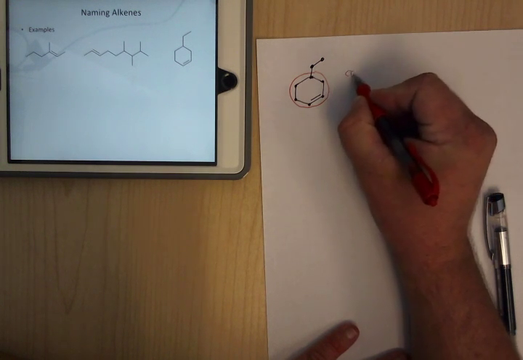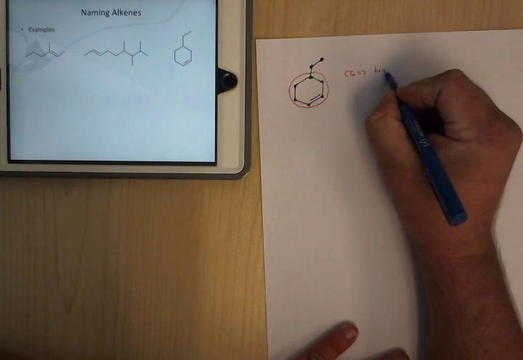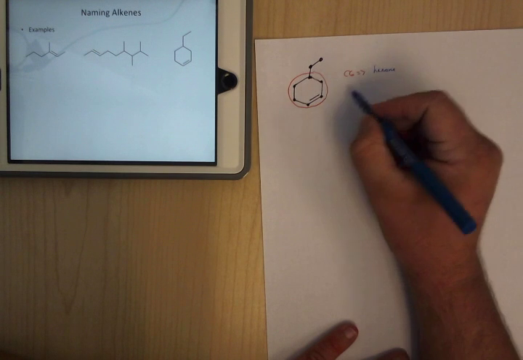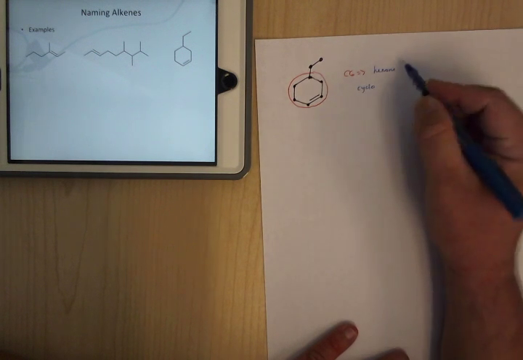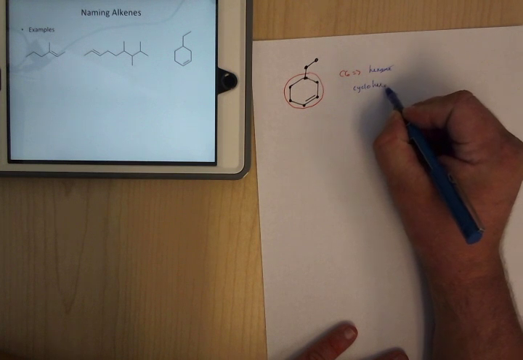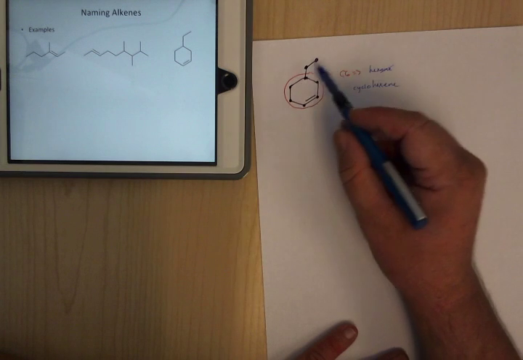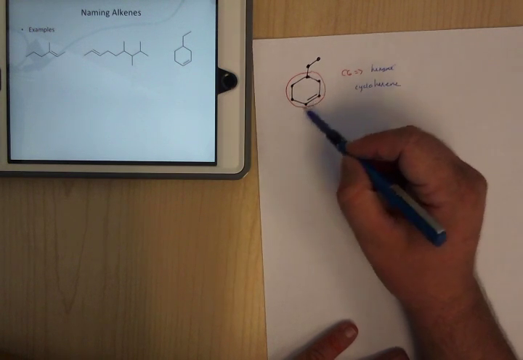So C6. Normally that'd be hexane. But it's a ring, so we have to put cyclo in front of it. But then it also has a double bond, so we need to get rid of that. So this would be cyclohexene. That is our main chain.